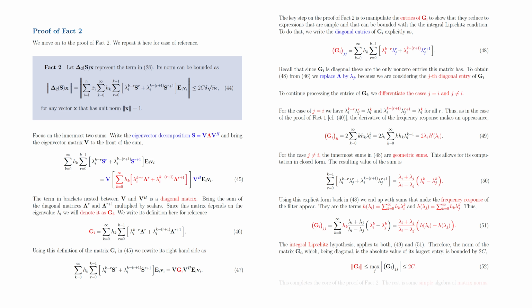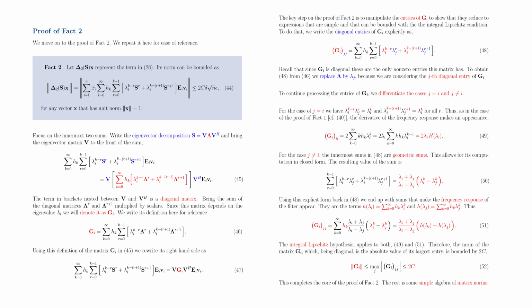Therefore, the norm of the matrix G_i, which, being diagonal, is the absolute value of its largest entry, is bounded by 2 times C, as we show in 52. This completes the core of the proof of fact 2.